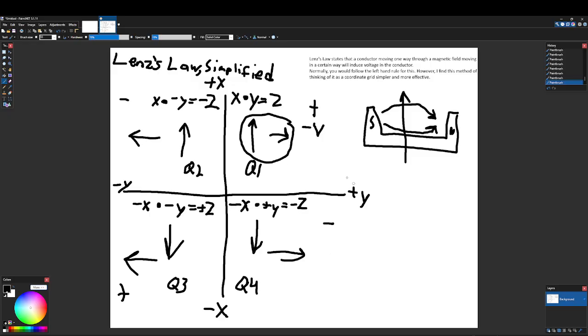Now, if you think about it the other way, where your field is still going south to north, but instead your conductor is going down, it would be a negative and a positive, which I explained here as well.